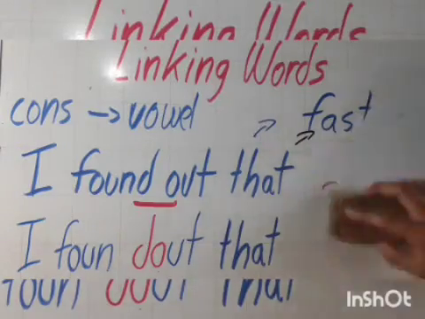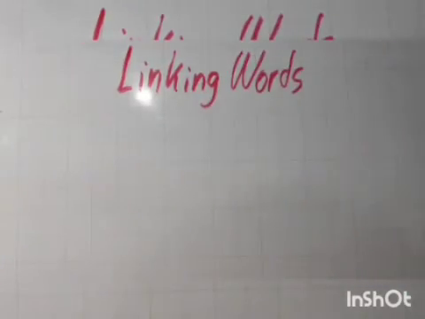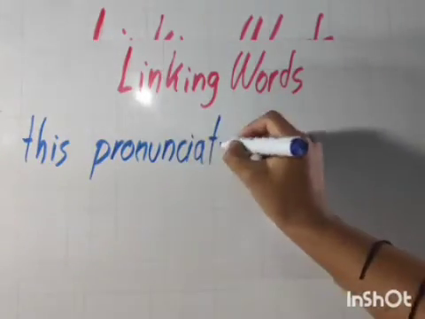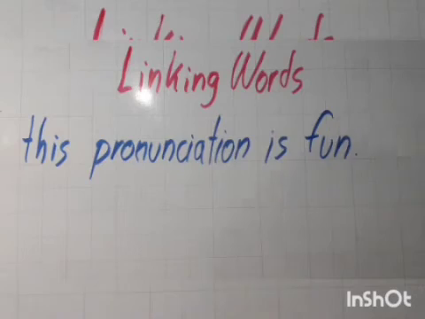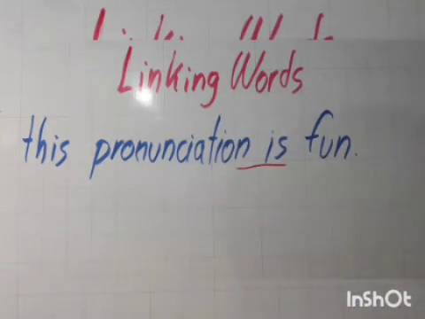Okay, let's check another example. When we want to make linking words, we have the phrase "this pronunciation is fun." In this case, we have the linking between pronunciation and is. We have to take into account the N termination and the next vowel.